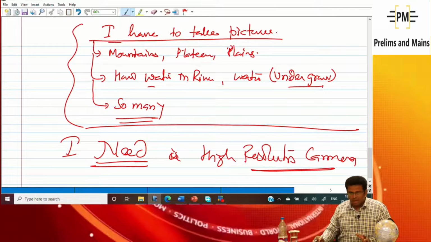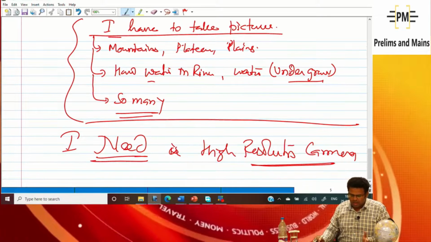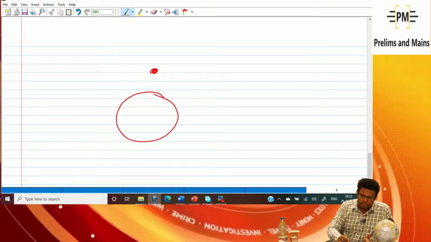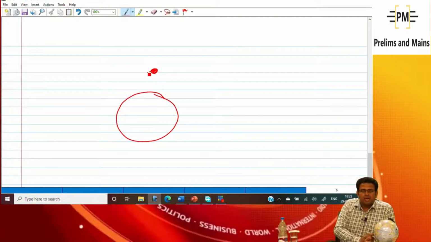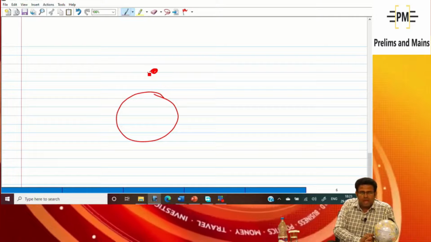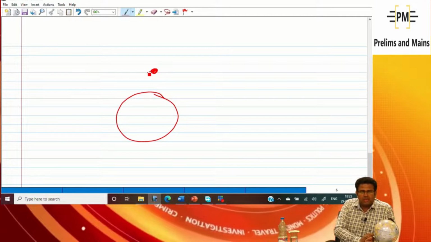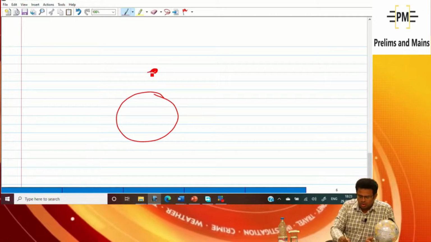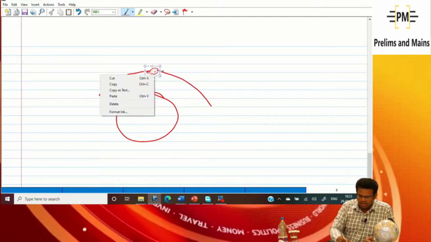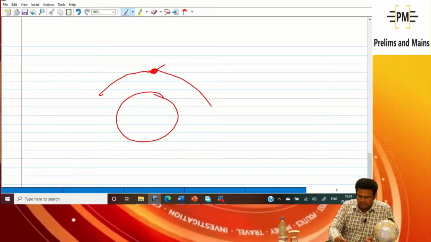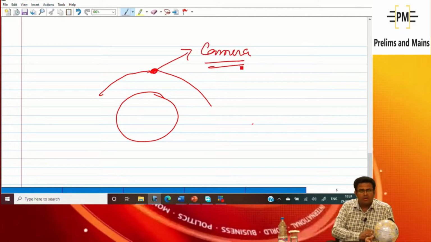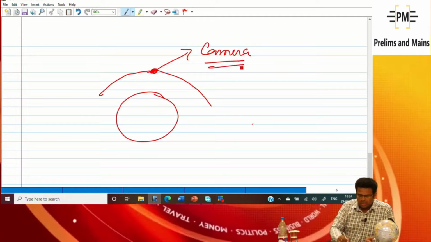So I said that I need a camera, and a camera takes a better picture when it is closer. So in the low earth orbit, the camera is very much important, of better frequency, so that it can take a picture.